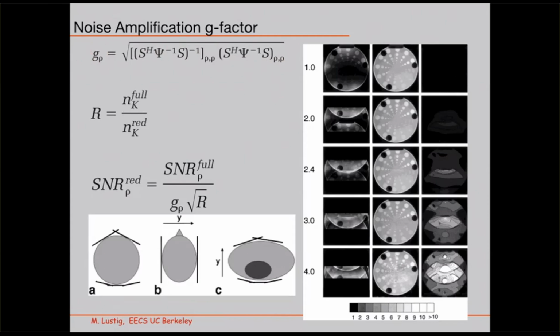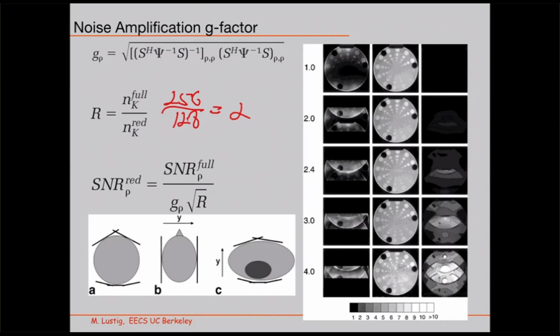Now the acceleration R is the number of phase encodes in the full case divided by the number of phase encodes in the undersampled case. So if I collected half of my samples, let's say the full case based on Nyquist would be 256, but I collected only 128, then R would be 2.